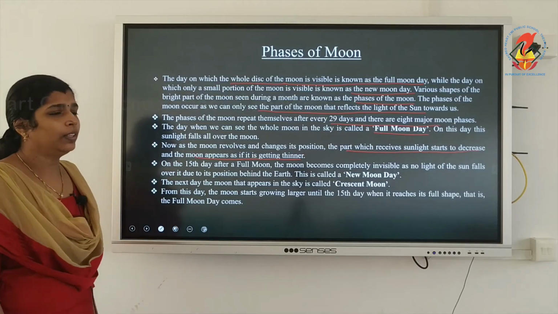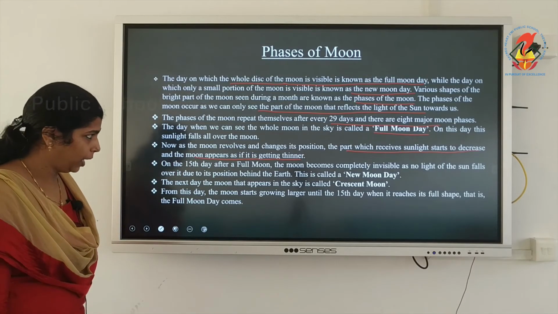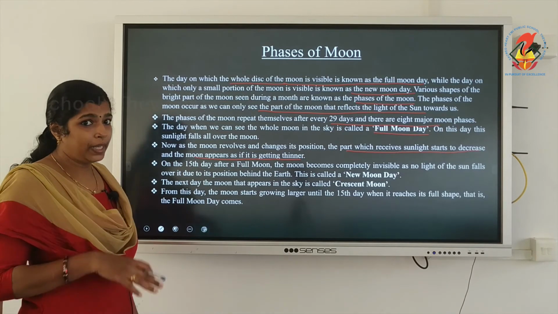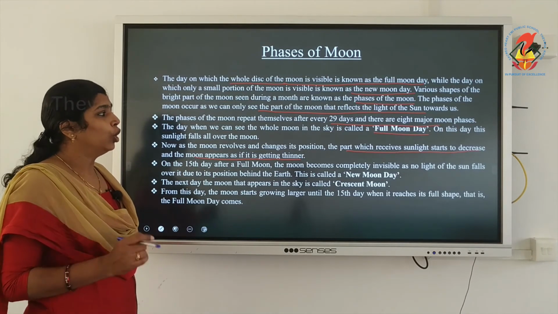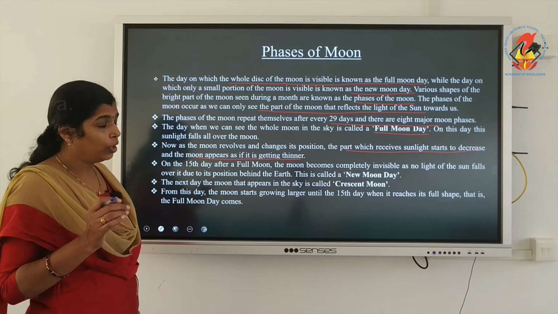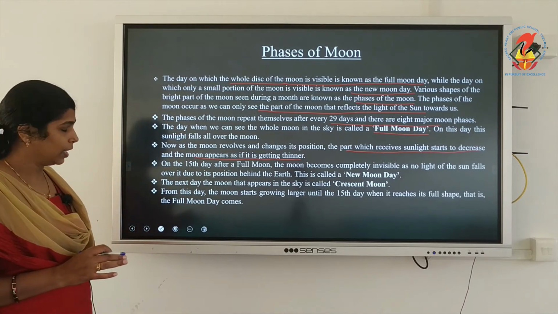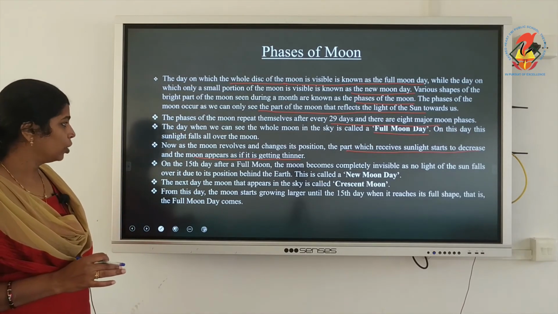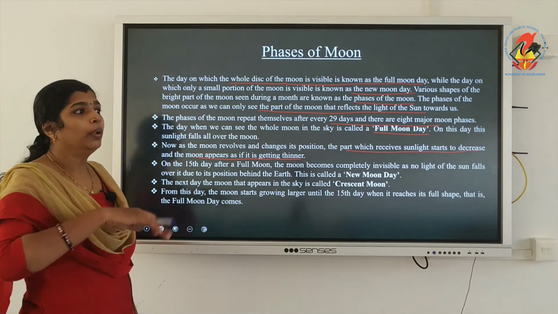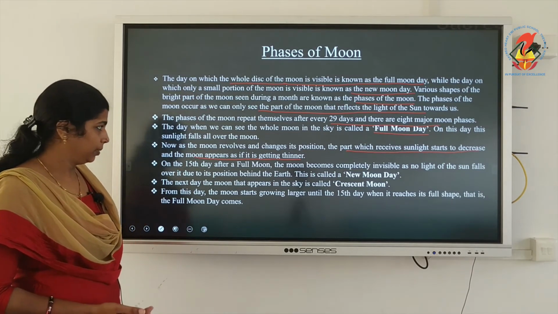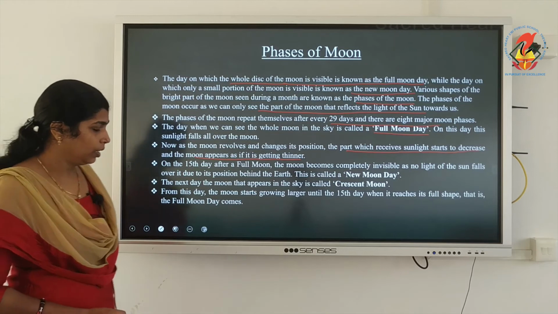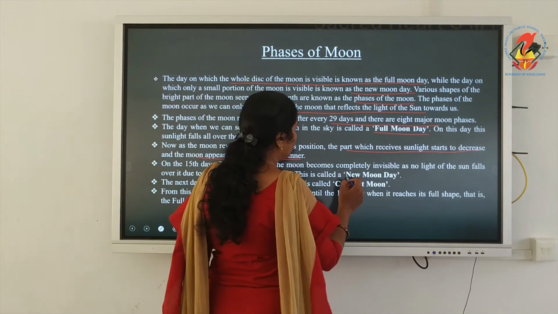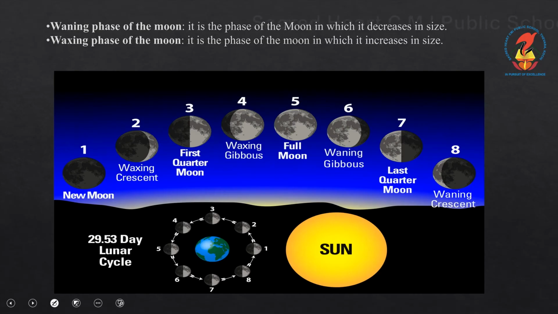On the 15th day after full moon day, the moon becomes completely invisible, as no light of the sun falls on it due to its position behind the earth. This is called new moon day.